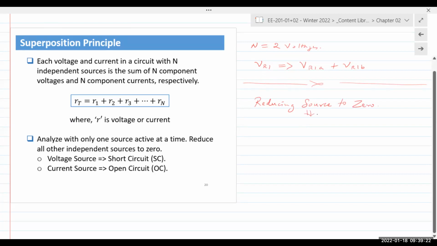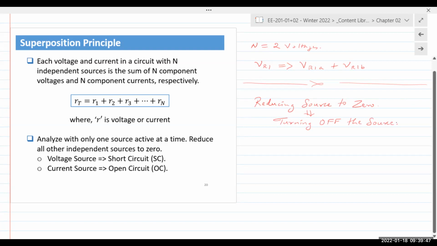Oftentimes it is simply referred to as turning off the source. Now, this turning off is a little bit different than the actual physical act of simply powering it off.